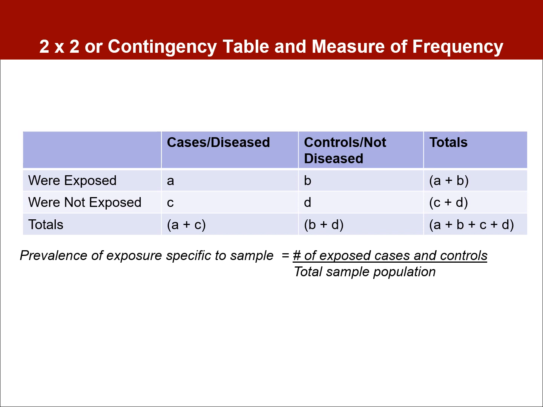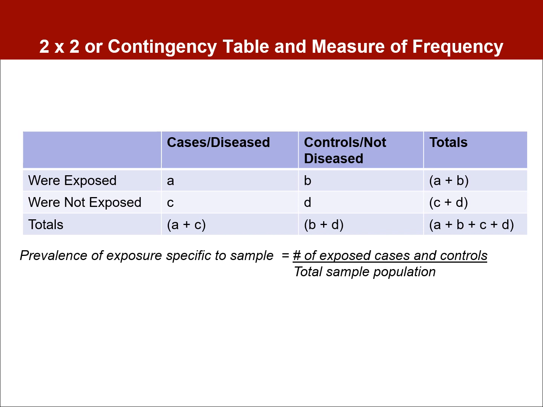And because you're starting with disease status or outcome status in a case control study, it would not make sense to estimate the prevalence of the disease, because you selected the number of cases that you have and also determined the number of controls you would have.